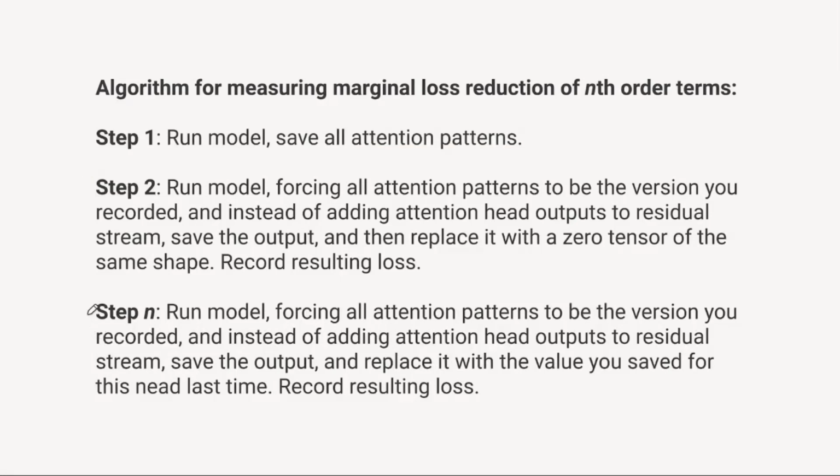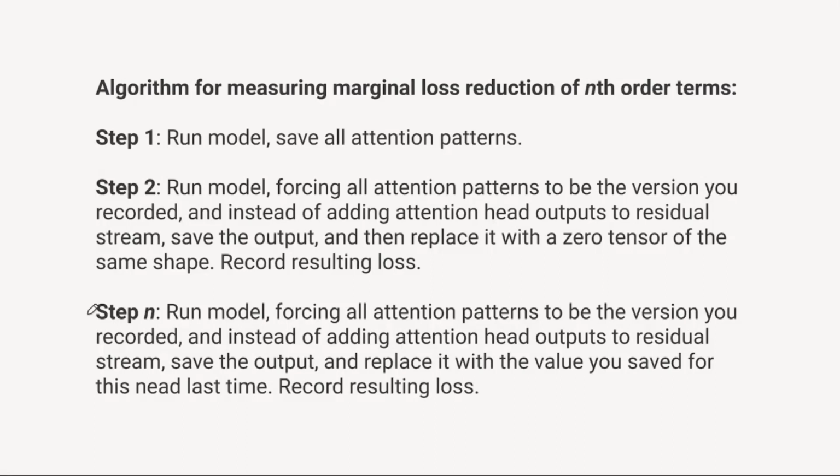Then you iteratively run the model, each time forcing the attention patterns to be the original ones. But instead of adding the true output of your attention heads to the residual stream, you add whatever you would have added at the previous step that you replaced. Then you save the output so you can add it on the next step.